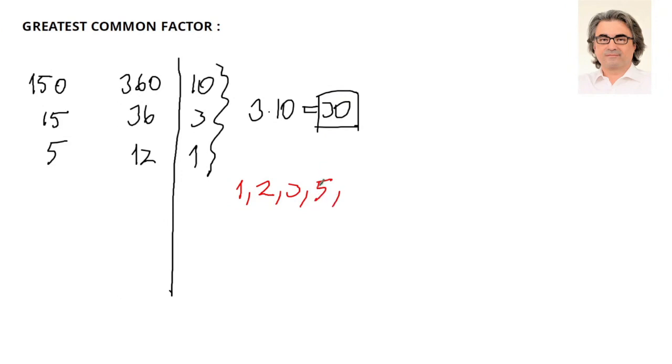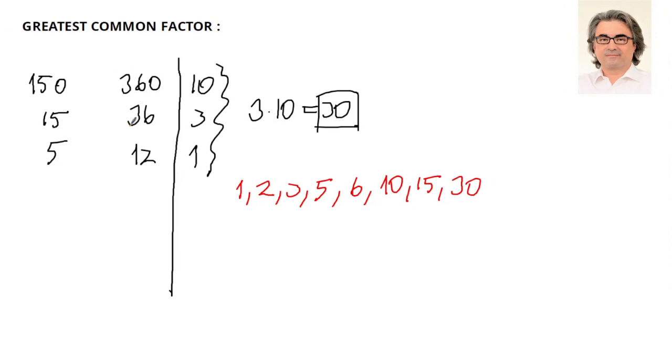So 5 times which number gives you 30? 6. 3 times which number gives you 30? 10. 2 times which number gives you 30? 15. 1 times 30. So I wrote here all factors of 30. It means I found all common factors of 150 and 360. I think you understand.